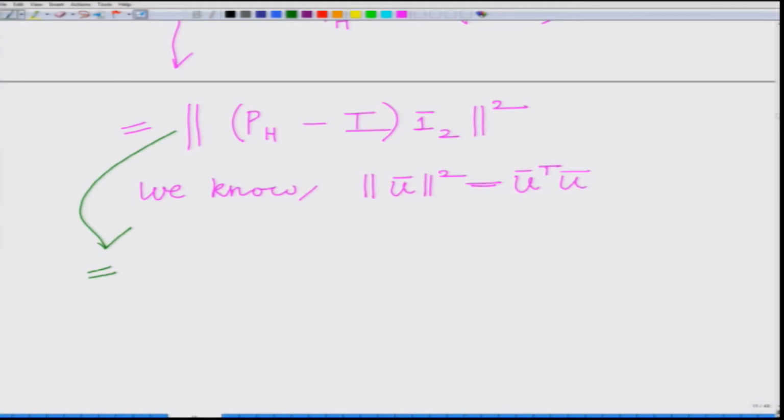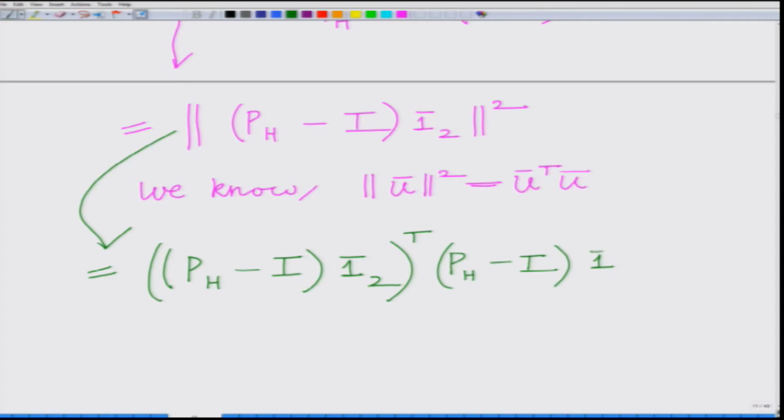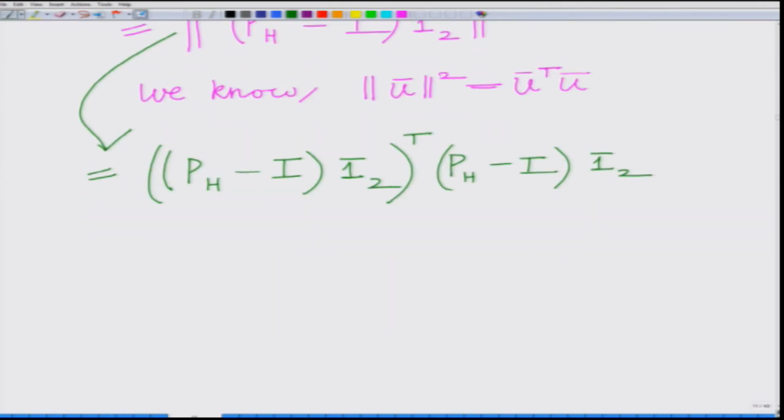Just to simplify it a little bit, the norm of this vector square is this vector transpose times itself, which is equal to 1 bar 2.